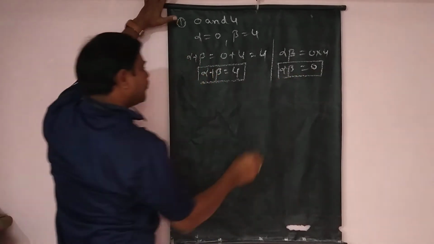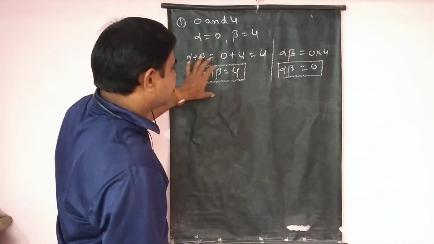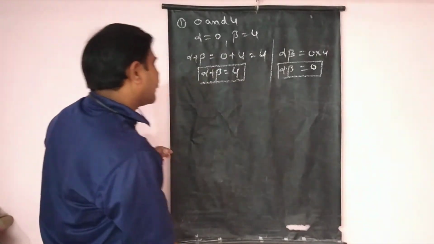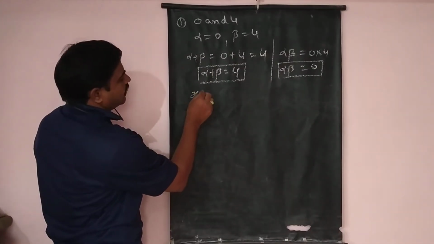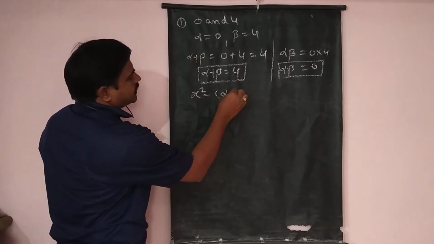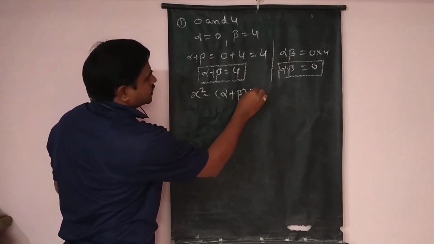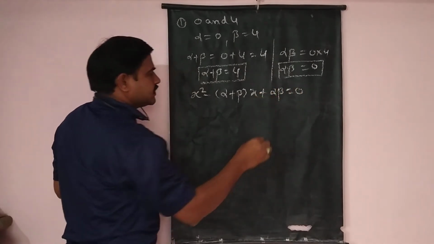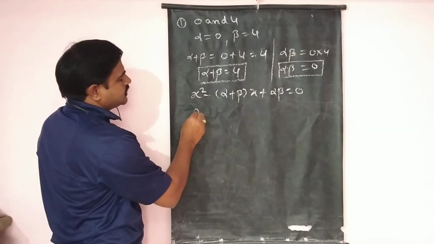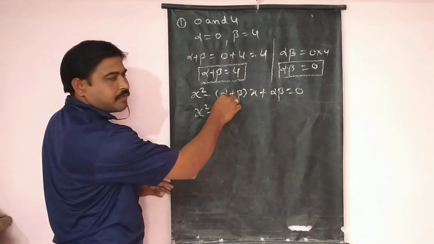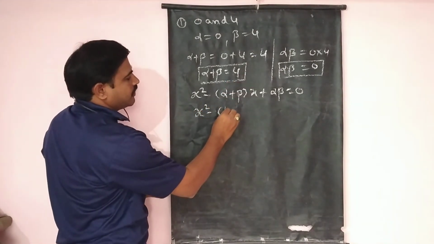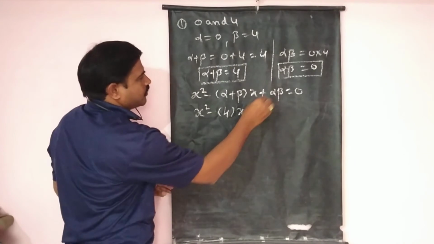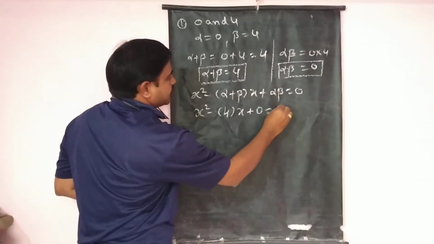Here, alpha plus beta and alpha into beta values are found first of all. Next, write the quadratic equation form: x square minus alpha plus beta into x plus alpha into beta is equal to 0. In this, substitute the given values. X square minus alpha plus beta value 4 into x plus alpha into beta value 0 is equal to 0.